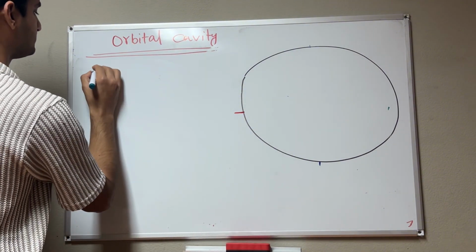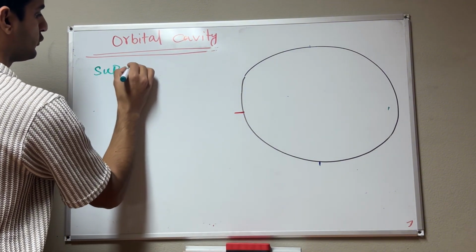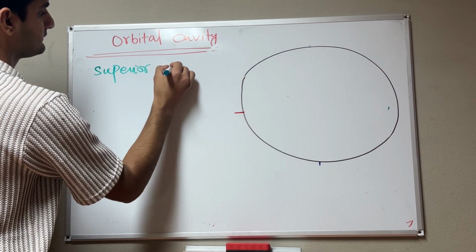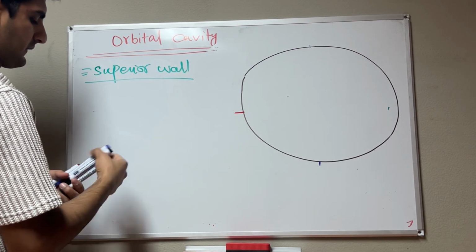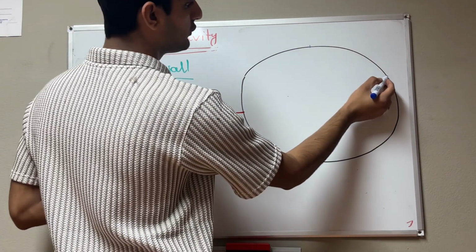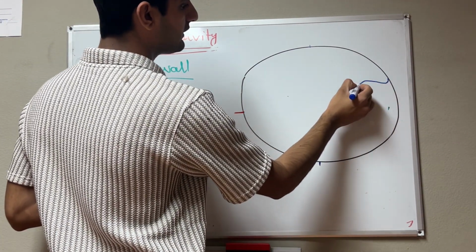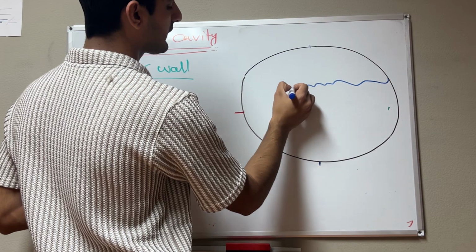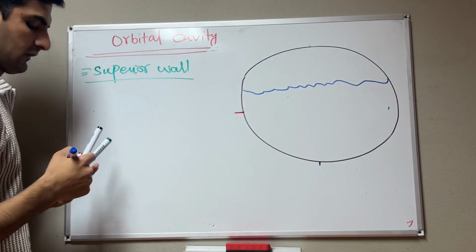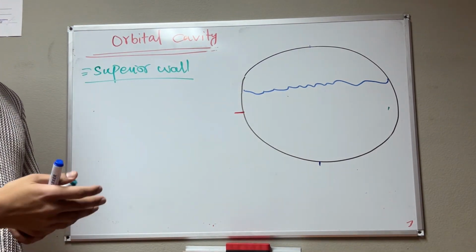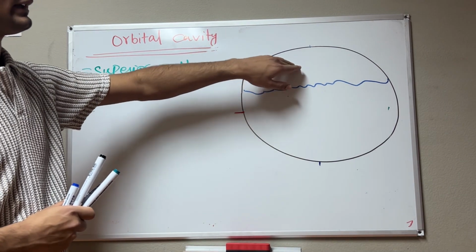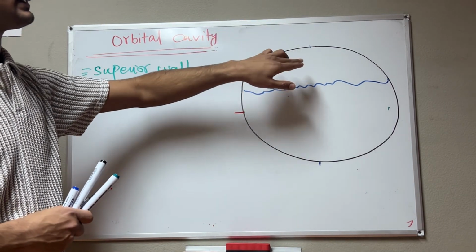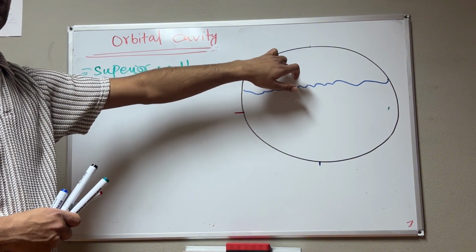First we will discuss the superior wall of the orbital cavity. Here, if we remember, in the frontal bone we also have this area taking part, because this is the orbital part of the frontal bone.